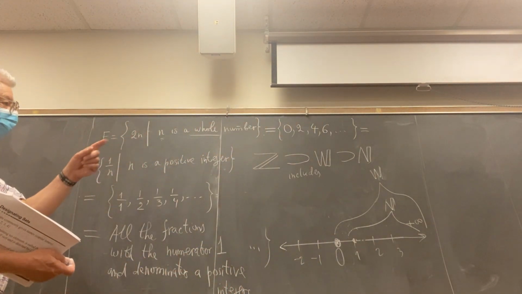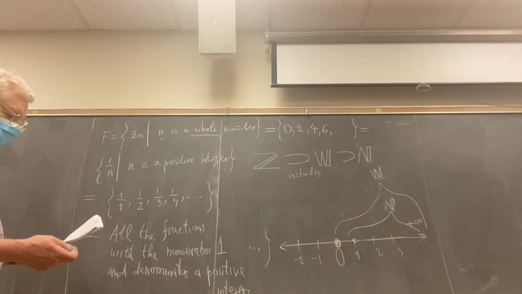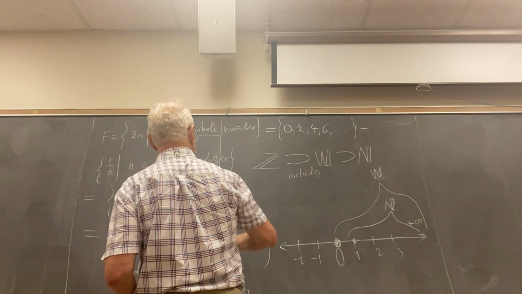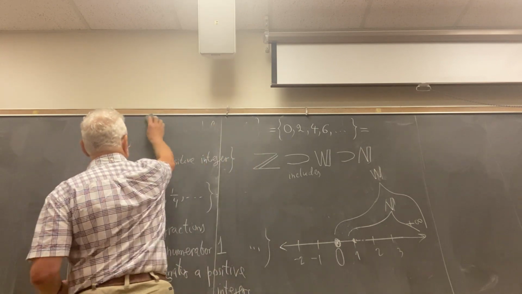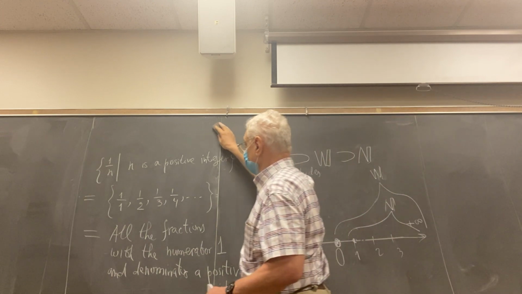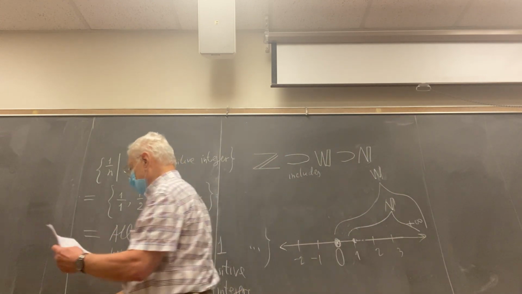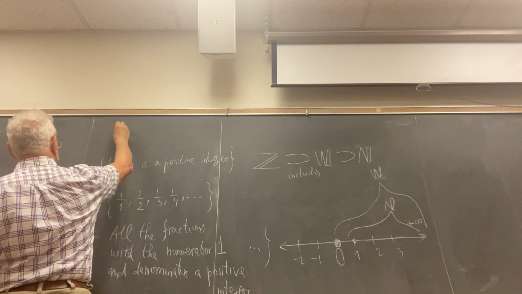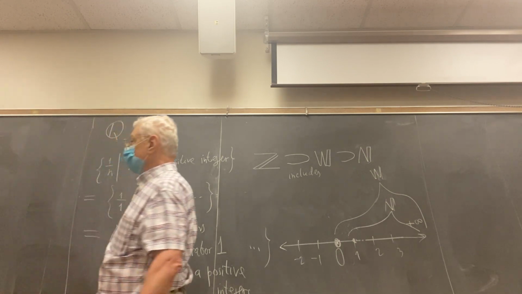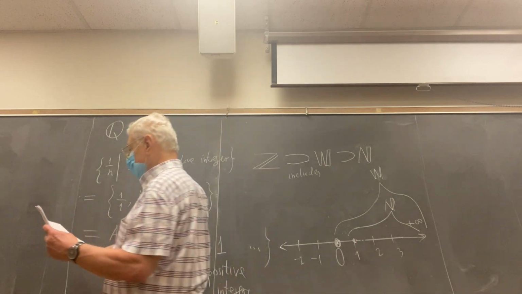Besides these sets, I can introduce one more set, which is important, so it's described in the book. So consider the following. It's denoted by Q, like that, Q. It's a standard notation.